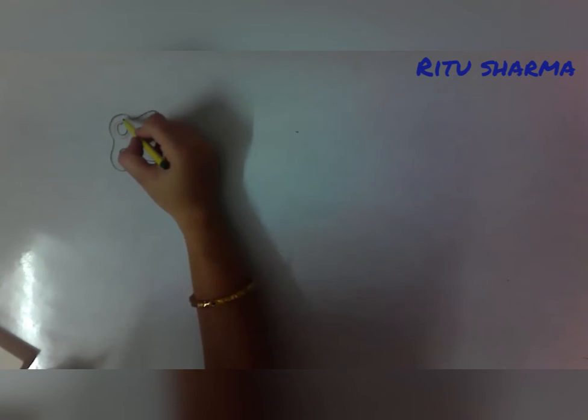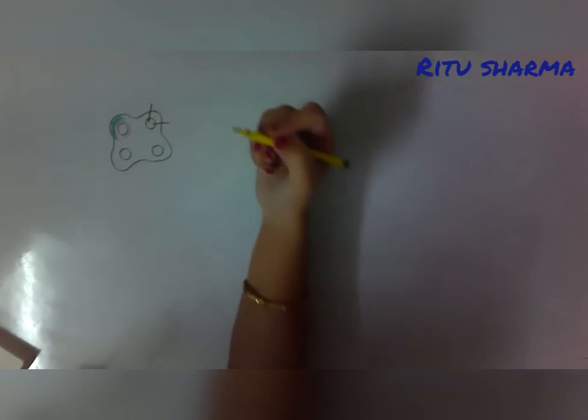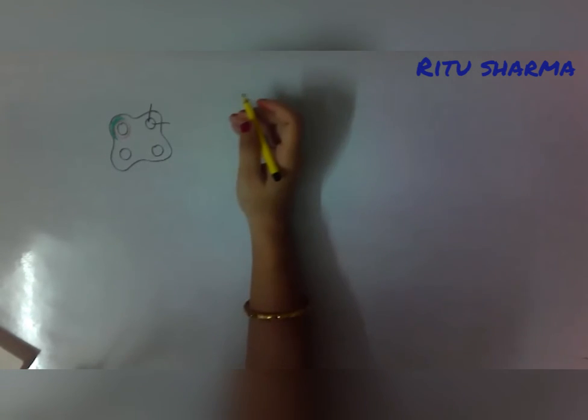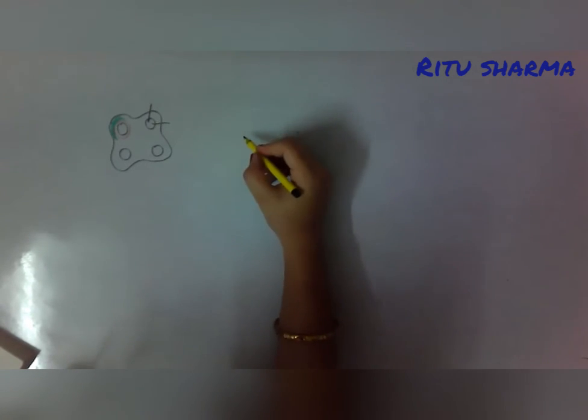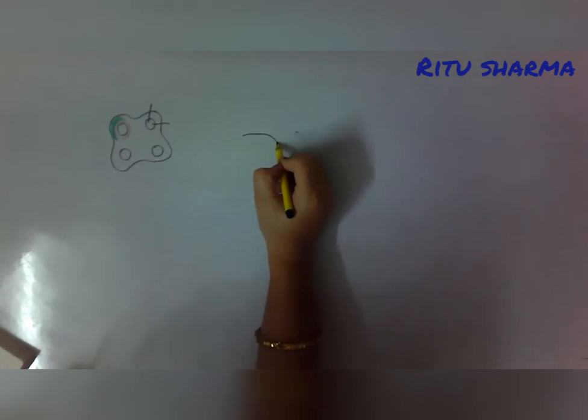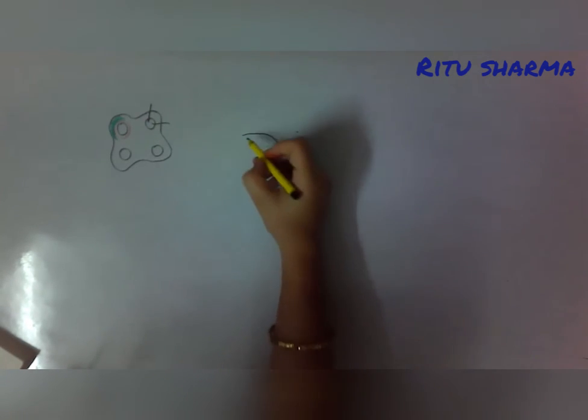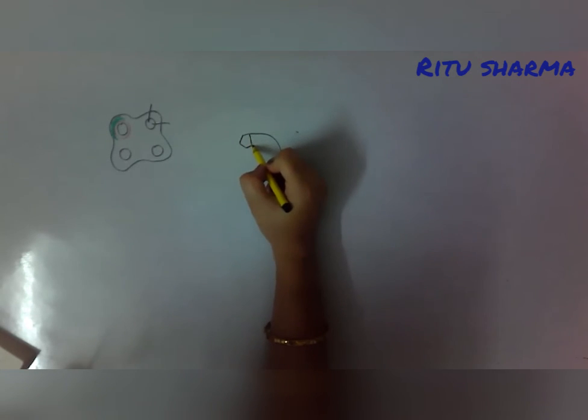Middle layers, 2 or 3 layers, endothecium also. Okay, so I'm going to show you only that part. Let's see. The innermost part, which is the sporogenous cell mass. It consists of sporogenous cells.